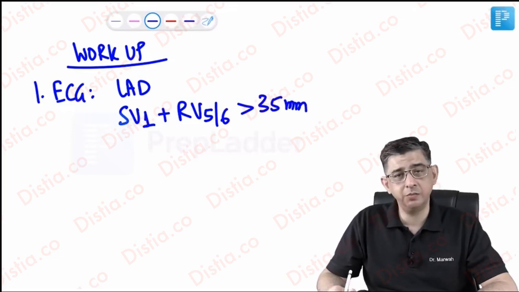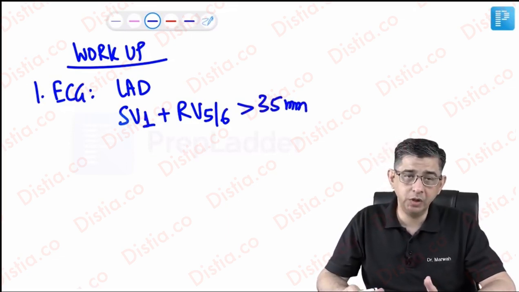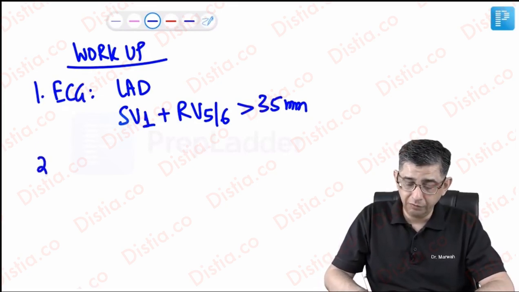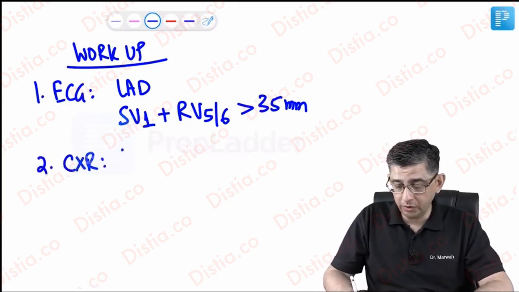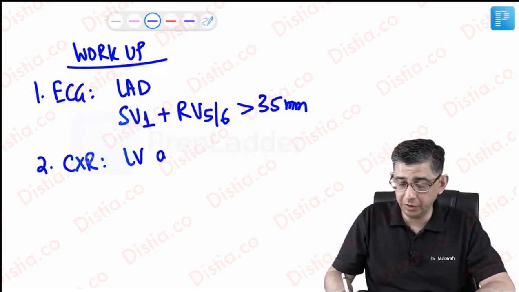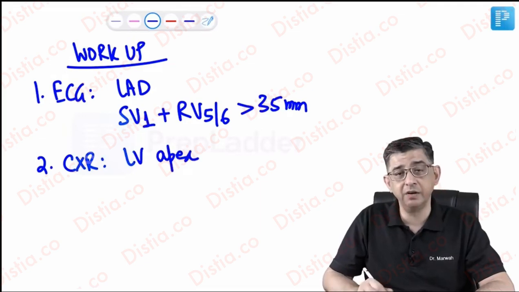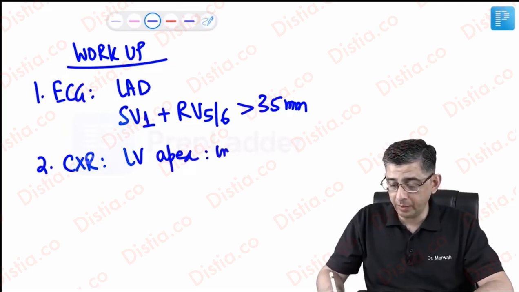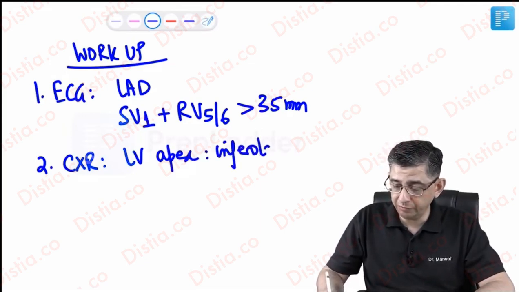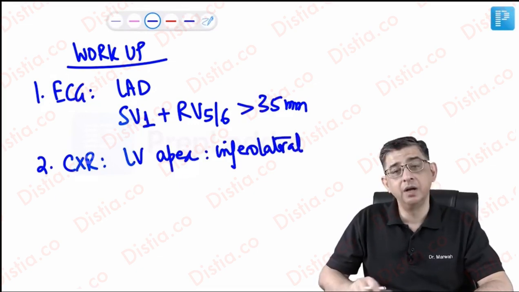Though for chamber enlargement, it is also recommended that we do an echocardiography. If I do a chest X-ray in this person, then not only will the cardiothoracic ratio be increased, there would be cardiomegaly, the CT ratio will be more than 0.5, but the left ventricular apex will always have an inferolateral displacement.